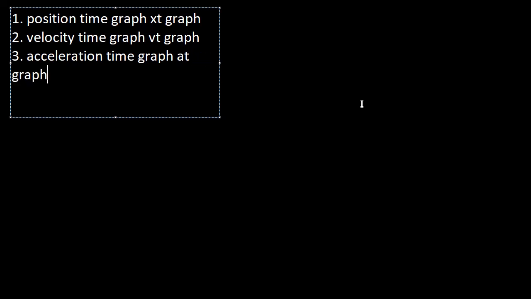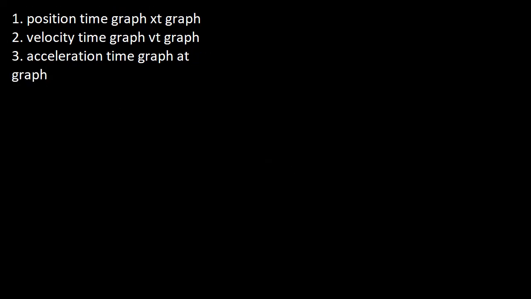So we had these kinds of graphs, and just take a look at how they look. In all these three graphs, we have the time on the x-axis, that is the horizontal axis, which we can also call the independent axis, and the other term is on the y-axis. For an xt graph, we have the x, or the position, on the y-axis. This is the xt graph.